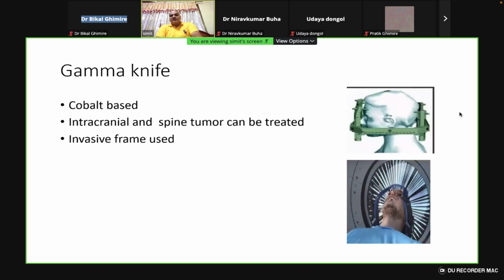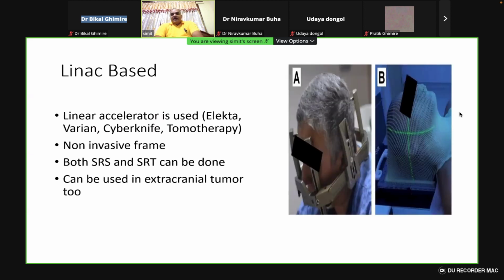Gamma knife is also a kind of stereotactic radiosurgery. It's cobalt based and only used for intracranial and spine tumors. Here an invasive frame is used. Linac-based stereotactic radiotherapy is commonly used. A linear accelerator is used here, with non-invasive frames like this. Both stereotactic radiosurgery and SRT can be done Linac-based.